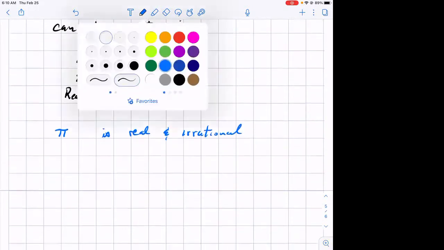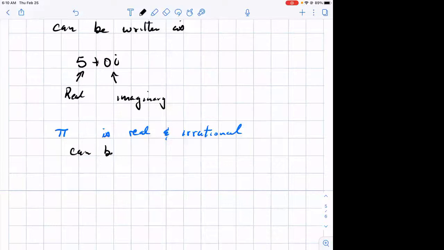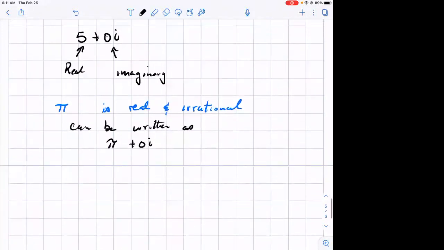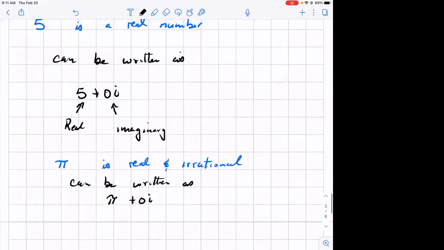And this can be written as pi plus 0i. So it doesn't matter, real numbers can be written as complex. So we've kind of got the basics done, and now we can jump into some operations with complex numbers.